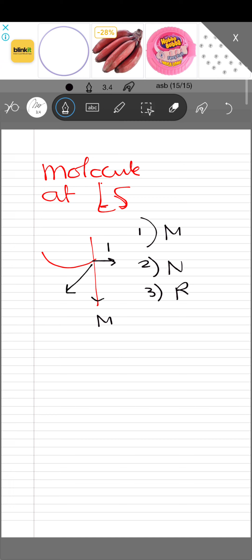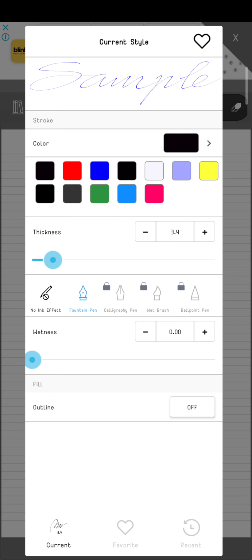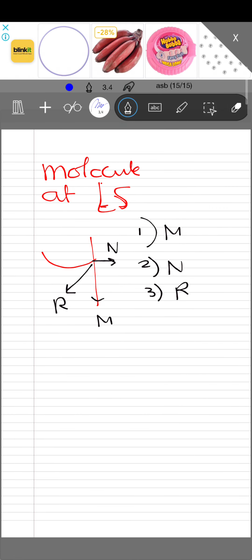So we have N, we have M, and we have R. Now the resultant of these three forces will also act in a certain direction. So in this case, since the adhesive force is dominant here, the resultant will be in this direction.